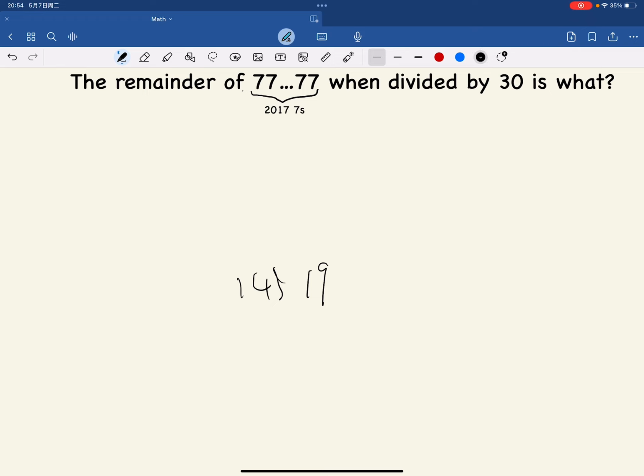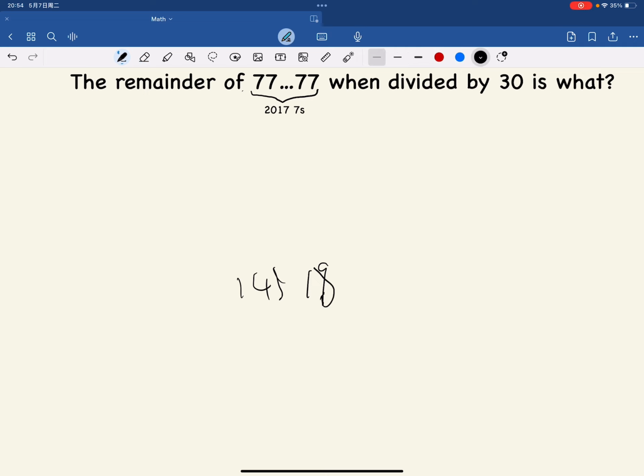But if we just change this 9 to an 8, and we do 1 plus 4 plus 1 plus 1 plus 8, it'll make 15. And 15 is divisible by 3. So now we know that 14,118 would be a multiple of 3. We should use it on this huge number.